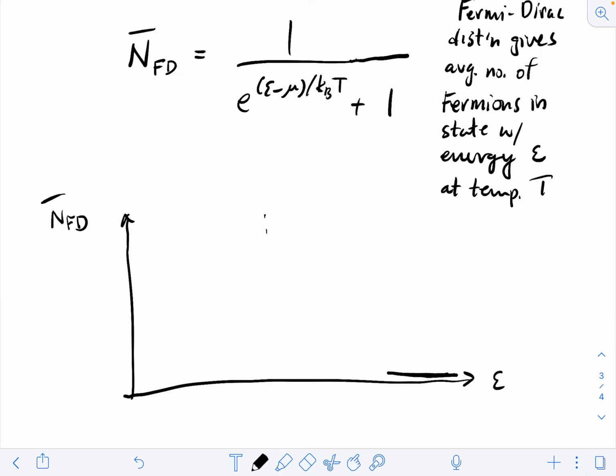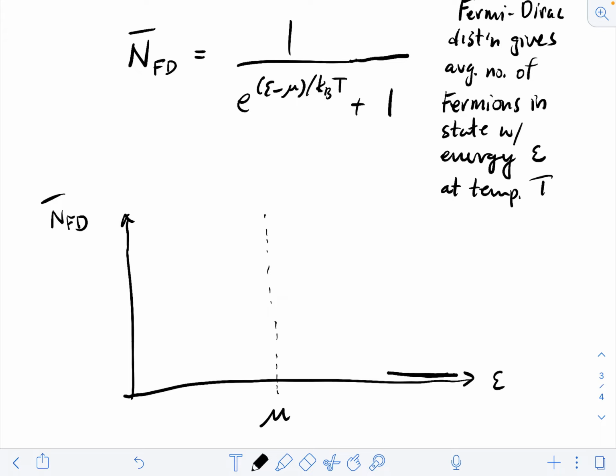Now, for fermions, we'll see later that, in fact, in this exponential, epsilon minus mu can be negative or positive or 0. So that's going to be another difference between our fermion and boson systems. So let's suppose that our chemical potential is sitting here along the energy axis. And so what happens when epsilon minus mu is 0? Well, in that case, we get e to the 0, which is 1.